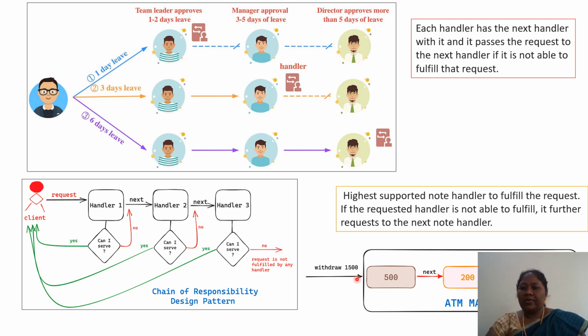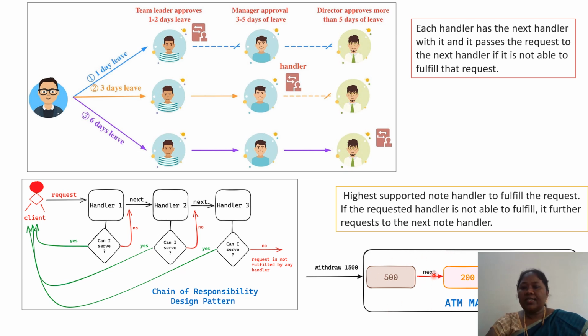So here also, withdrawal of money. If 500 notes are there, as per the request of the customer, that will be dispatched. In case it is not there, it will go to the next handler for choosing a different combination of amount, and then it will be dispatched at last to satisfy the customer. And every time this account will be updated, even when the money is entered by the user, at that time itself it will verify whether there is a sufficient amount.